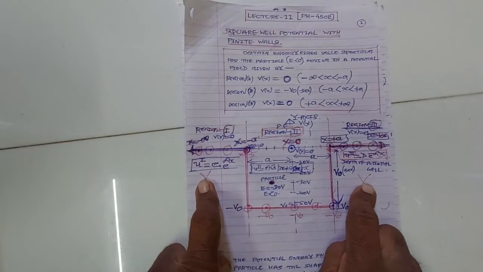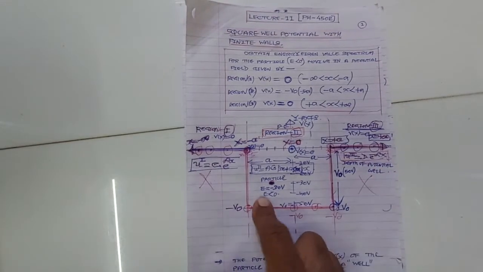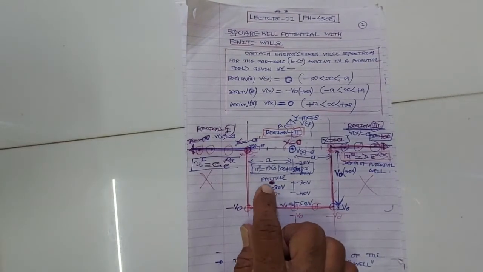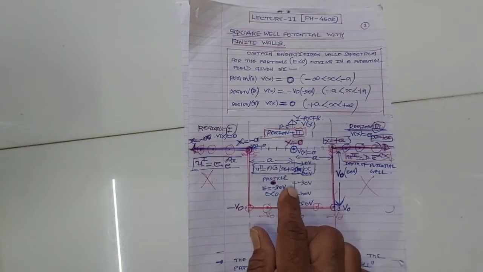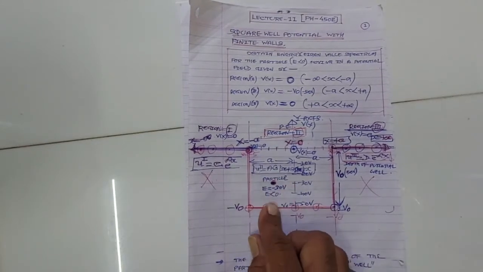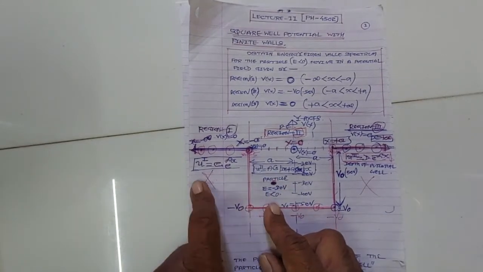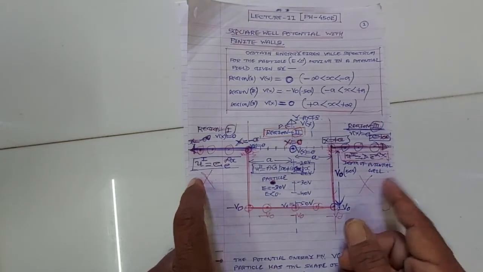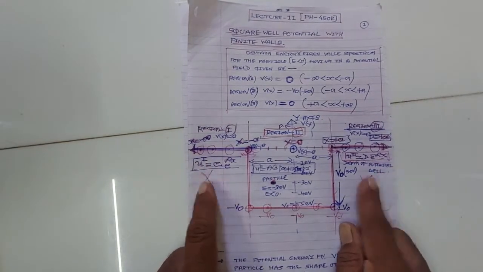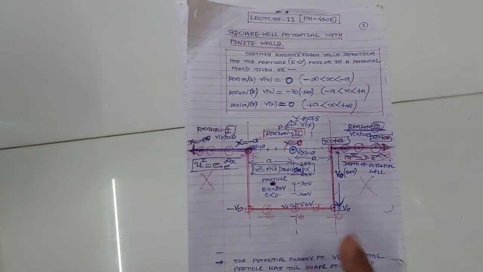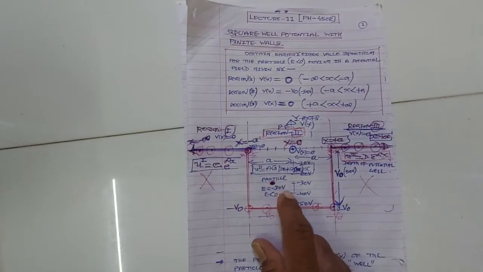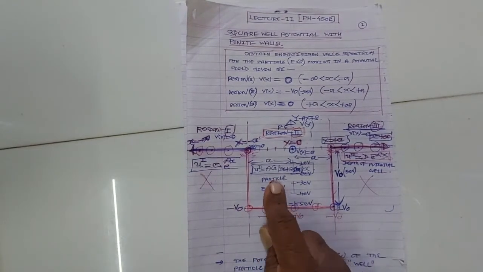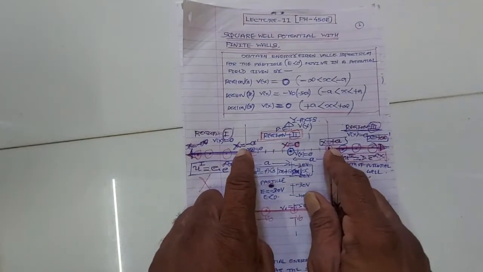So region 1 and region 3 are called classically forbidden regions for such a particle. Such a particle, whose total energy is negative, has to stay within the potential well between x equal to minus a and plus a.